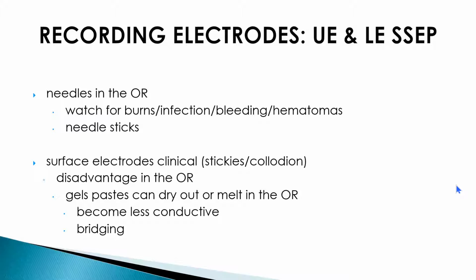Also, they often put a blanket warmer on top of the patient to keep them warm during surgery, and it can melt some of the gels. And if the anode, for instance, touches a cathode in a stimulation pair, it causes what's called bridging, and then the current shunts, and then you lose your SSEPs. Needles are most common, and they're better for the operating room.